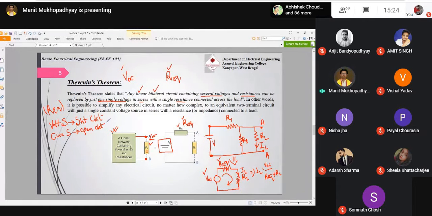So what we will do next? We will short circuit the voltage source. See, I have done the short circuit.